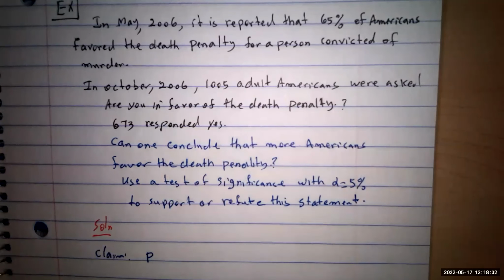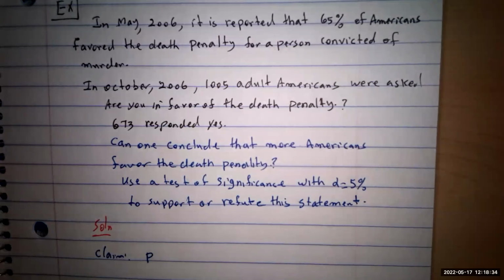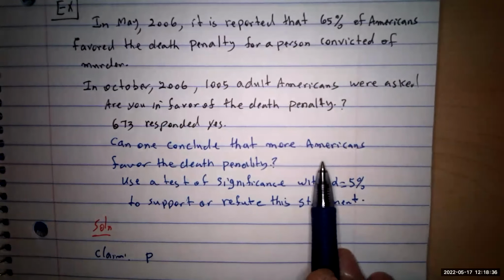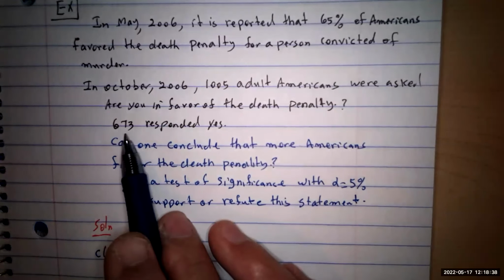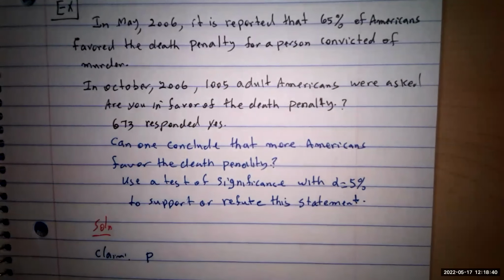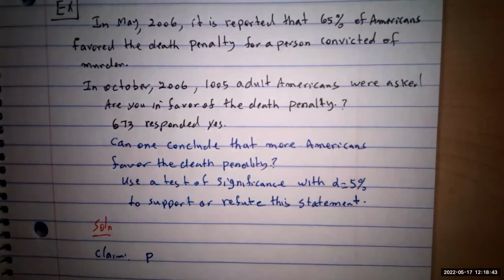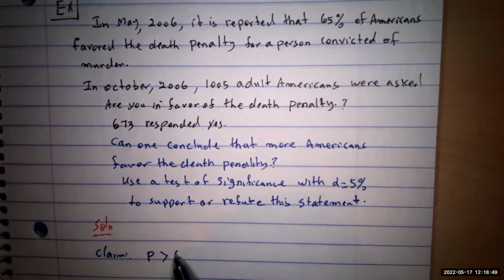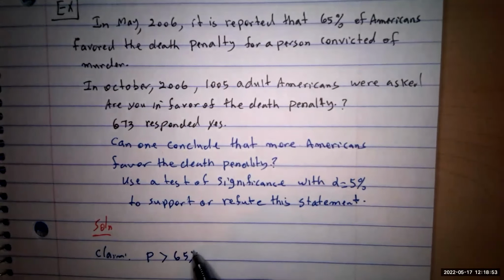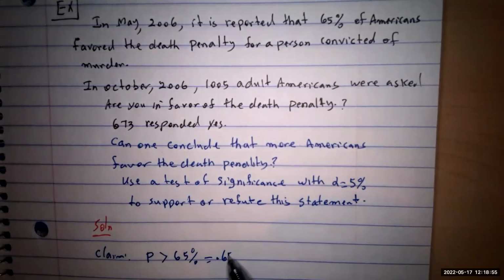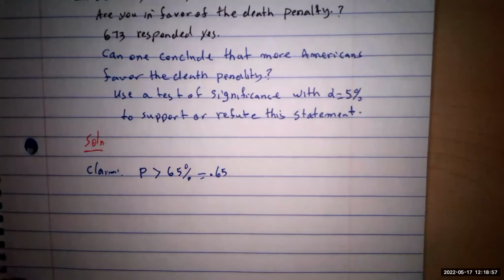When they did it in October, this is 67.3%. So you want to check if the proportion of people is higher than 65%, or 0.65. That's the claim you have to check.